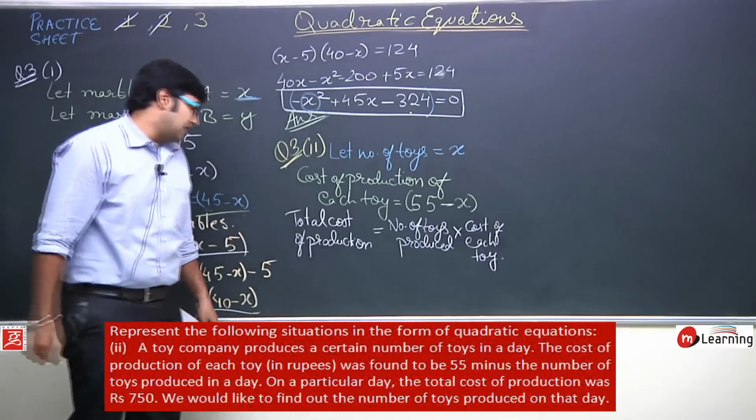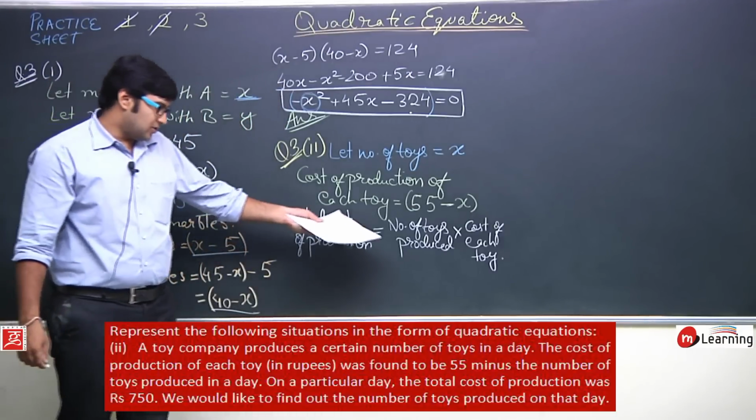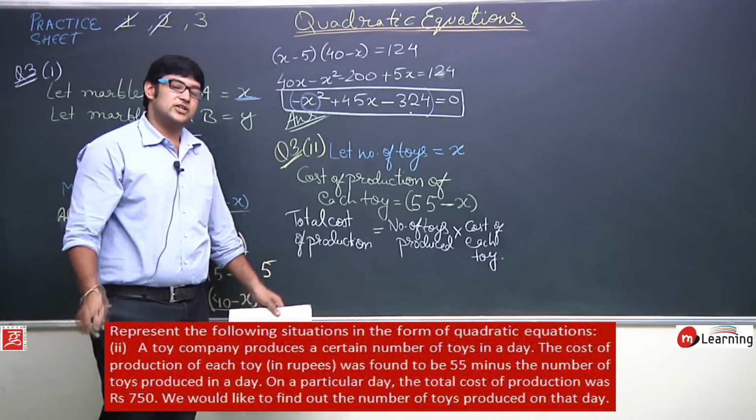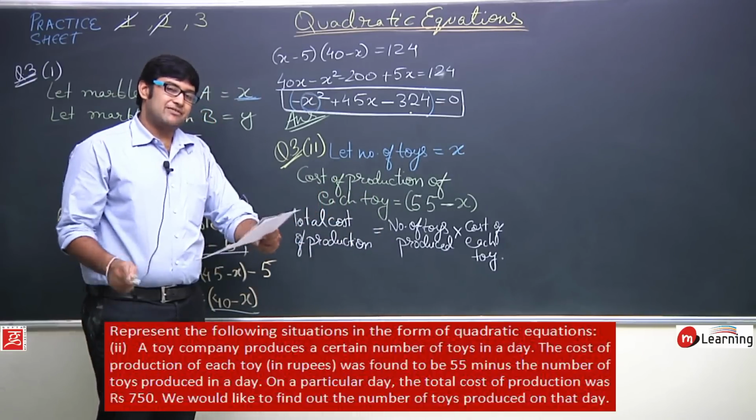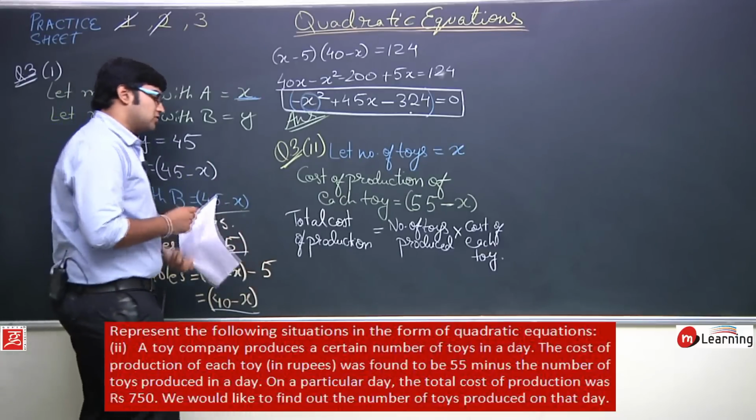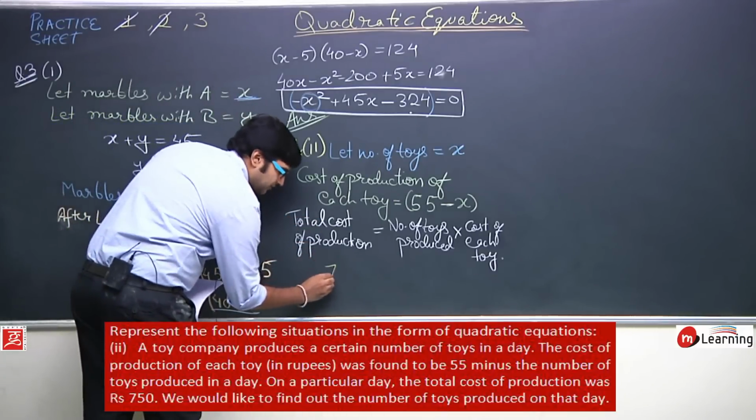This will be known as the total cost of production: number of toys produced into cost of each toy. And it is given the total cost of production is rupees 750. So in place of total cost of production, I can write rupees 750.